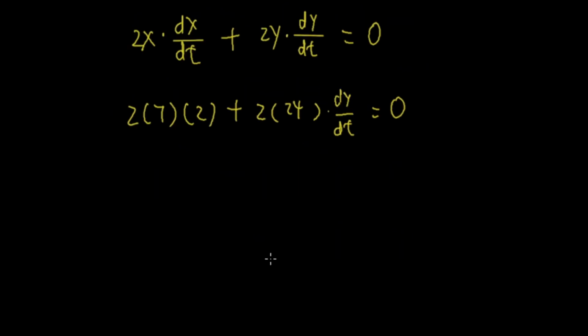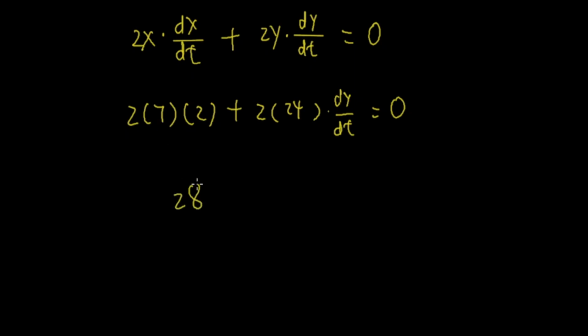Now, this is what you have to do. Two times 7 times 2 is now 14. 14 times 2 is 28.